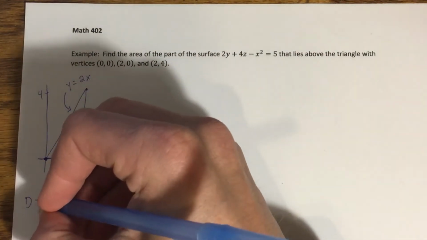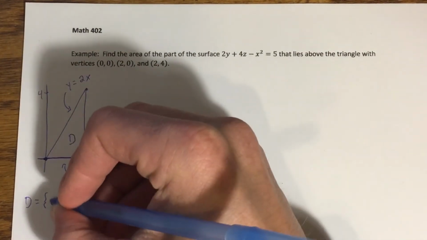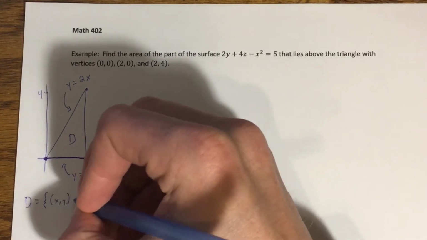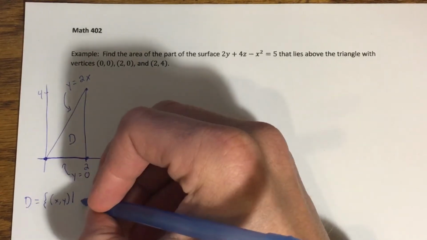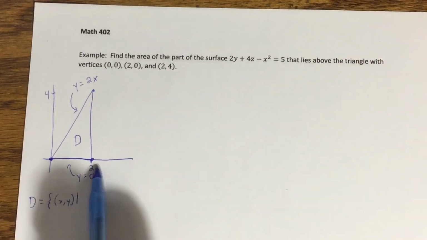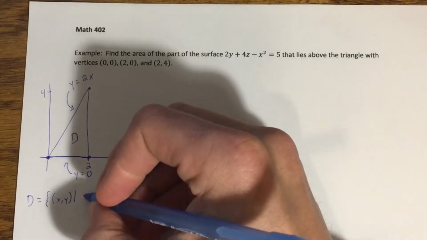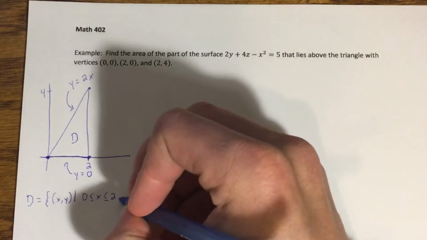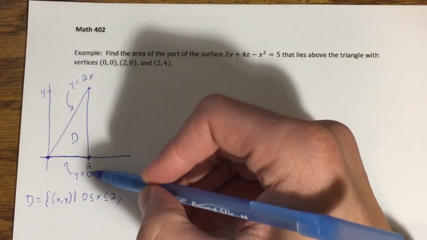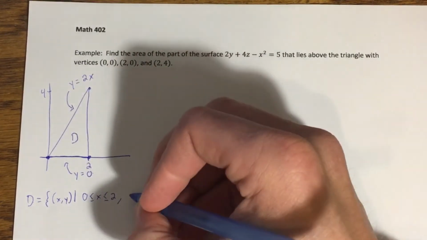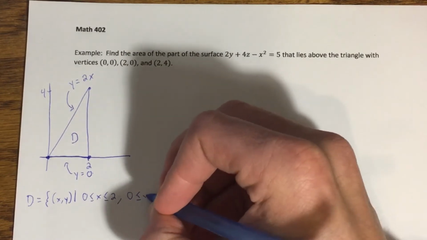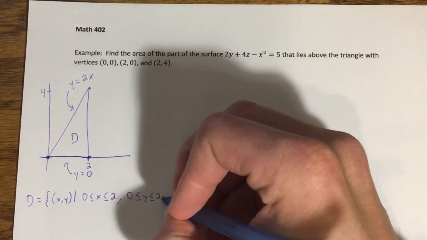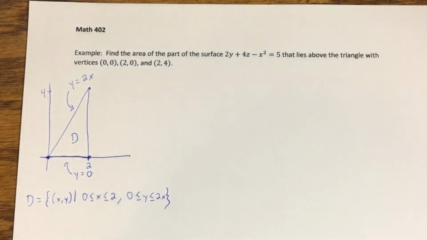So now I'm going to set up D as the set of all (x, y) such that x lies between 0 and 2. That's going to be my fixed interval or my constant interval. Y is going to be between 0 and 2x. Okay.